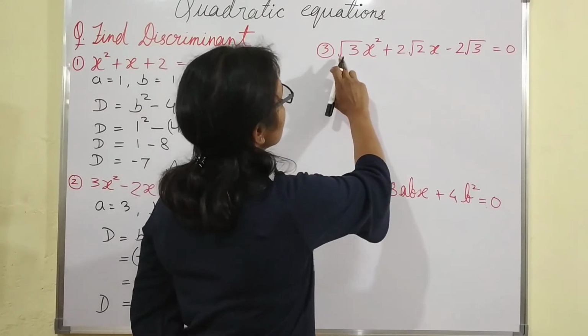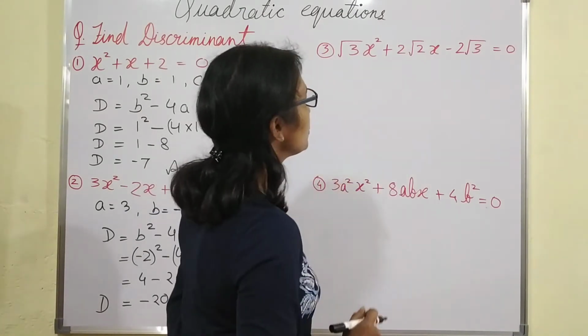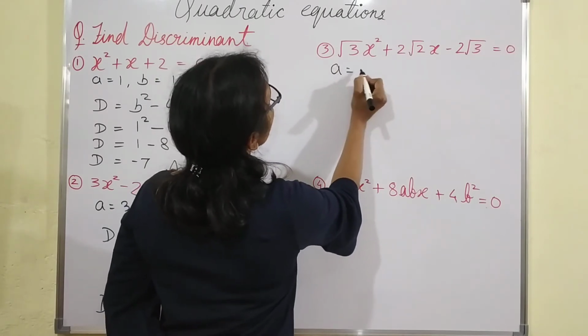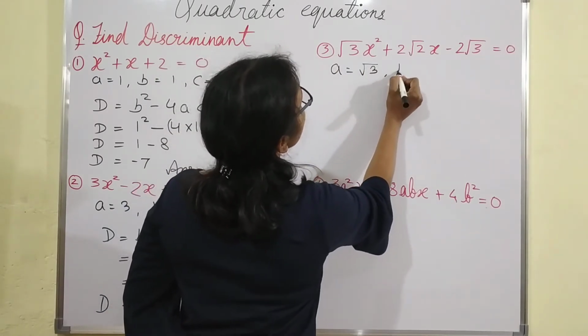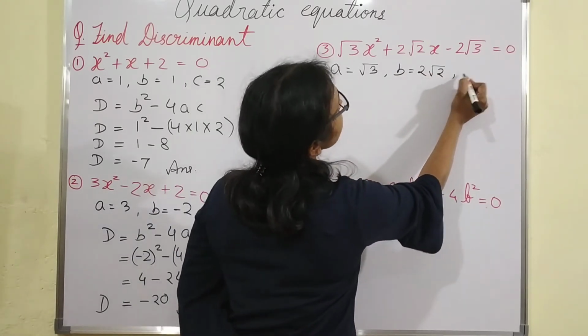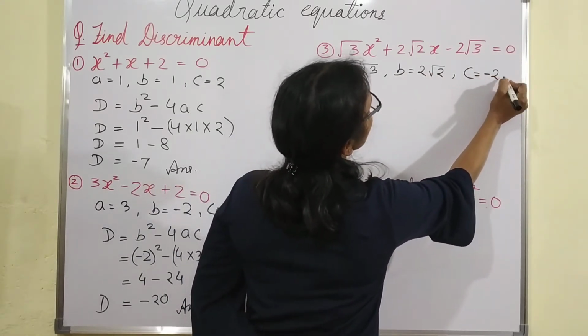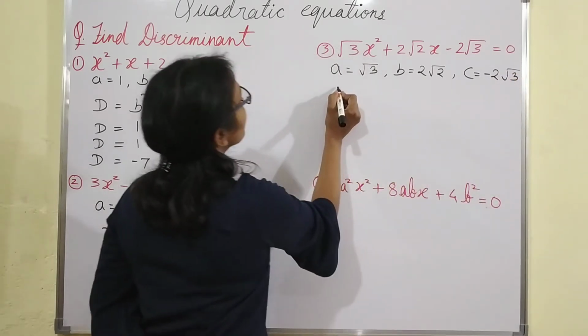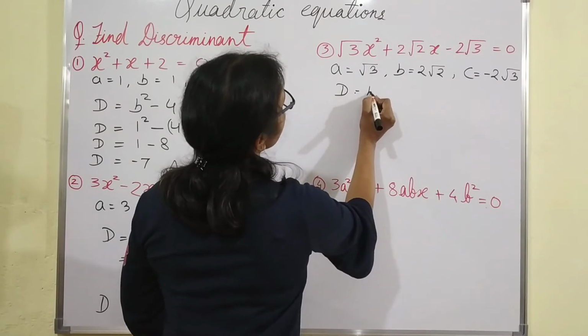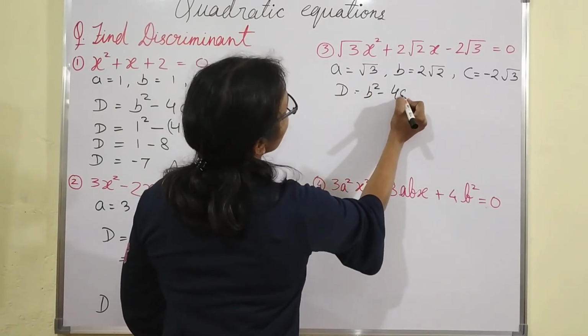Now the next question is root 3 x square plus 2 root 2 x minus 2 root 3. So a equals root 3, b equals 2 root 2 and c equals minus 2 root 3. So d equals b square minus 4ac.